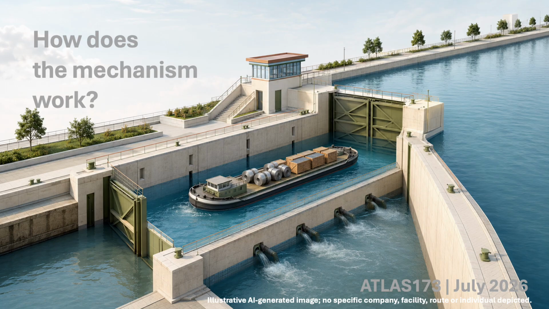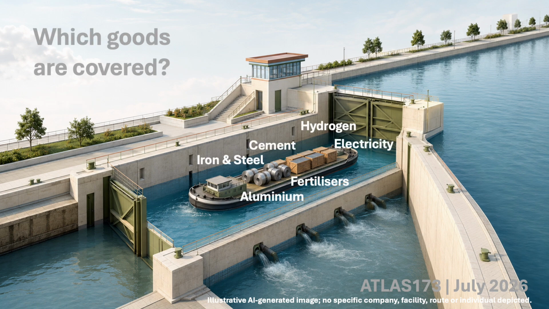But CBAM does not apply to every product entering Europe. CBAM currently concentrates on goods associated with 6 carbon-intensive categories: iron and steel, aluminium, cement, fertilizers, electricity, and hydrogen.